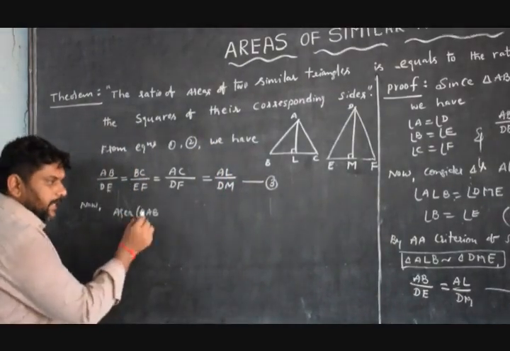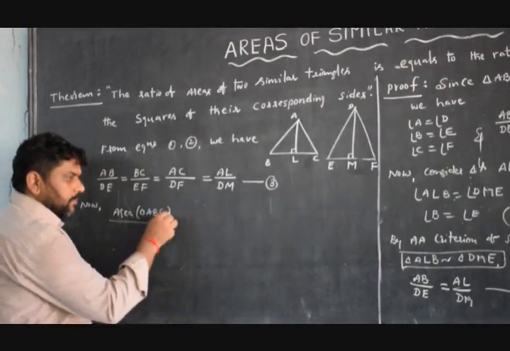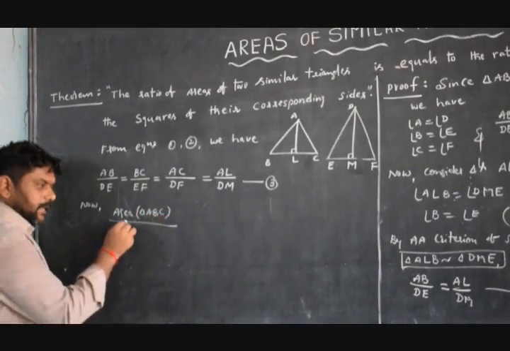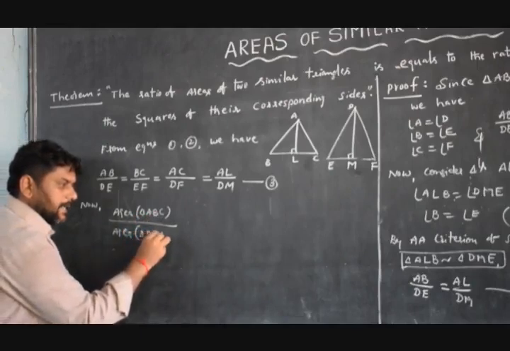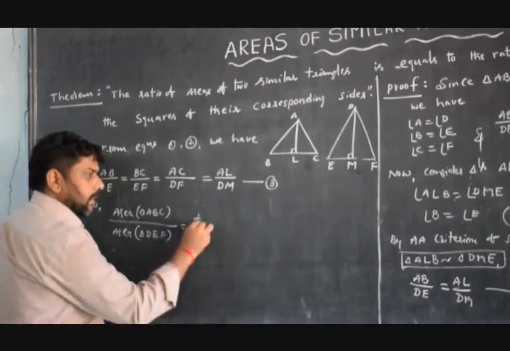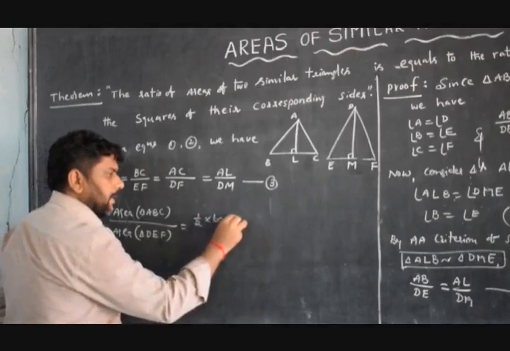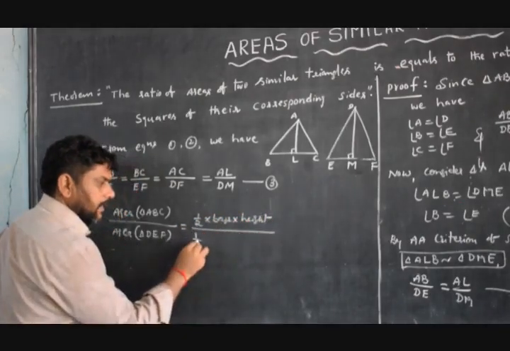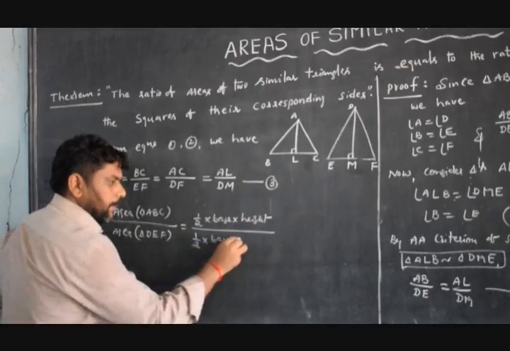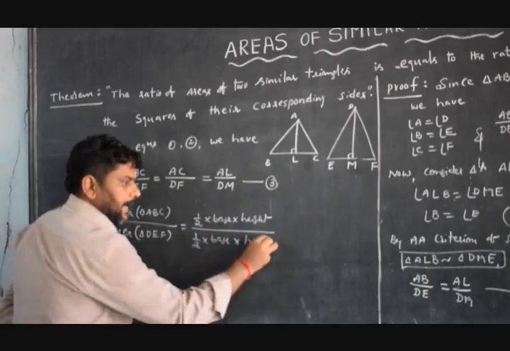Now we have to take the ratio of areas of similar triangles. Area of triangle ABC by area of triangle DEF is equal to half into base into height, similarly half into base into height.